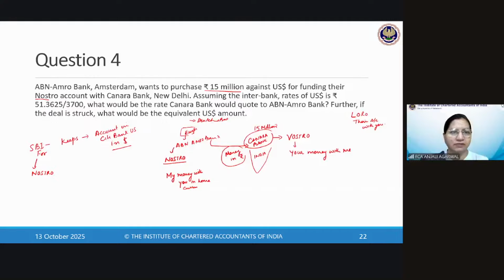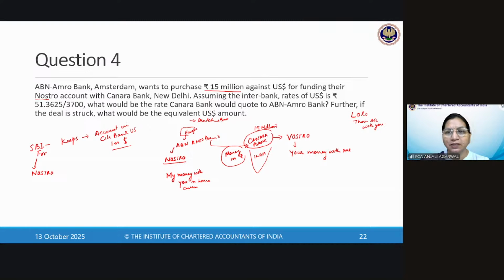But let's just take up this question for now. So ABN AMRO Bank Amsterdam wants to purchase 15 million rupee because they want to fund the Canara Bank account, a Nostro account which they have in India.